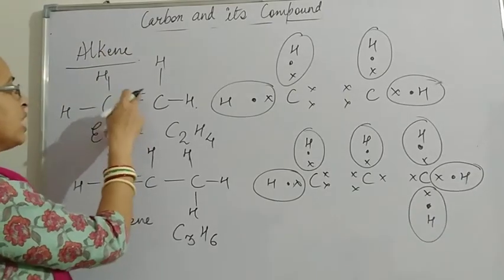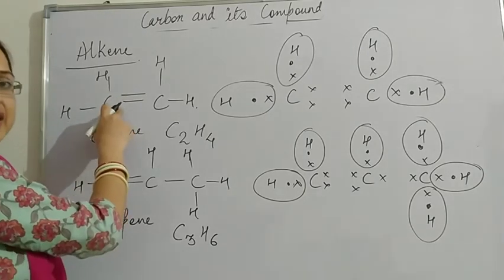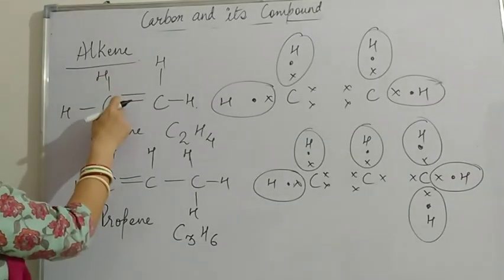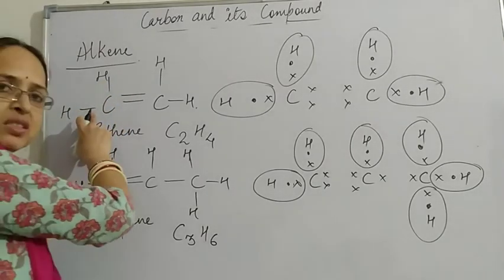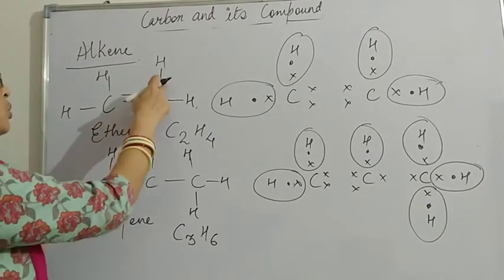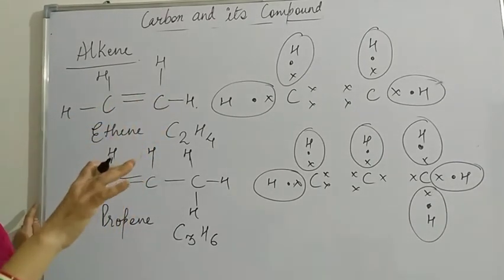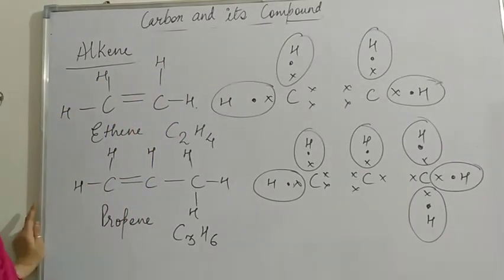So we write a double bond, and now 2 valencies are filled. Now 2 electrons are left. So 1 and 2 valency is filled, then the third and the fourth. In this way the 4 valency, or tetravalency, of carbon is fulfilled. In the same way over here 2, 3 and 4. The valency is filled, and now we write hydrogen over here because it is a hydrocarbon, it is bonding with hydrogen.